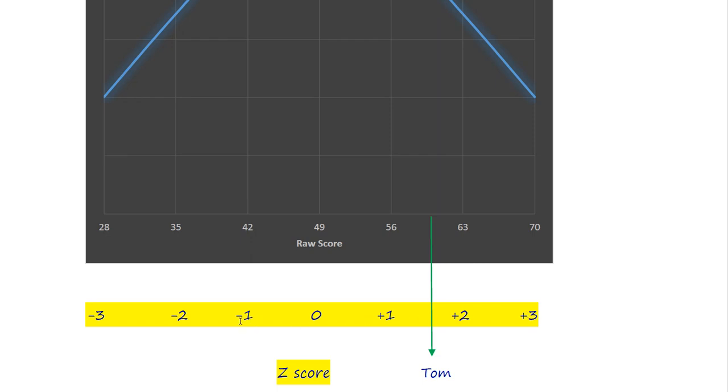Similarly on the left side, mu minus standard deviation, 0 minus 1, mu minus 2 standard deviations, minus 2 times 1 is minus 2, mu minus 3 standard deviations, 0 minus 3 times 1 is minus 3.